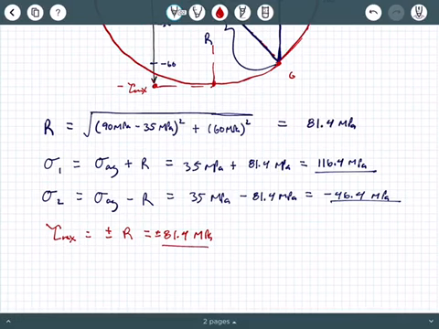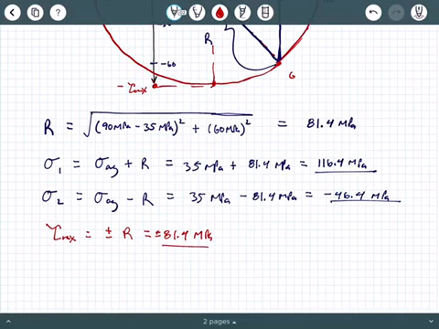So tau max equals plus and minus, and it's a circle, so what does that value equal? Just the radius. So tau max equals plus and minus 81.4 megapascals, and that is also part of the answer.